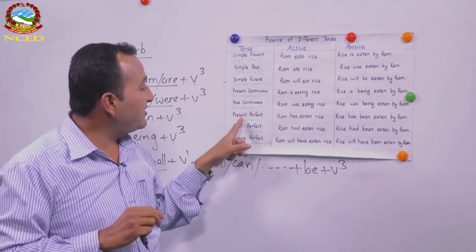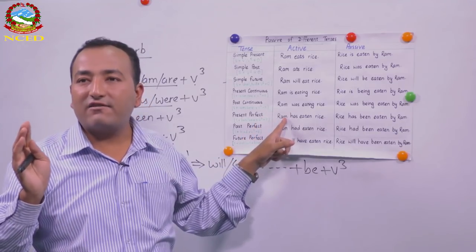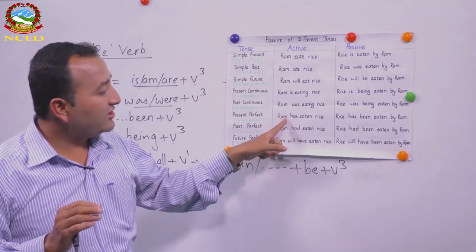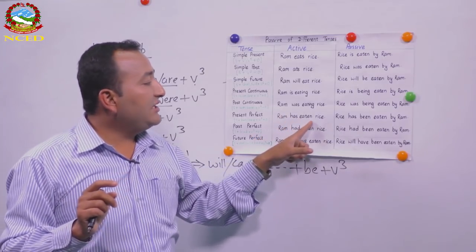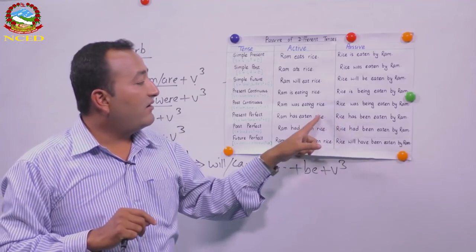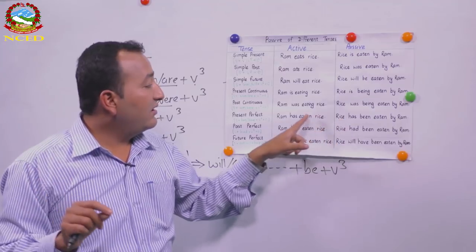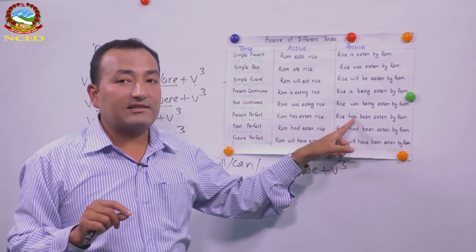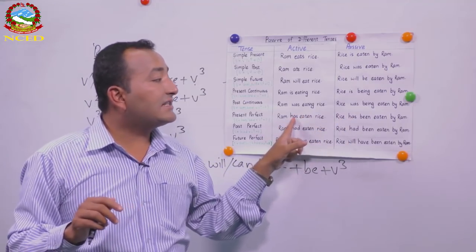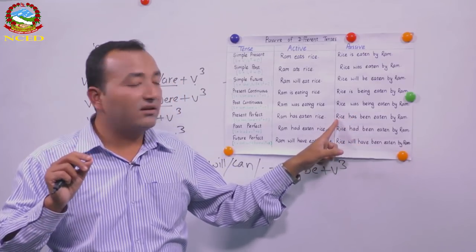Next, present perfect. The structure is subject plus has/have plus verb 3, meaning past participle, plus object. Ram has eaten rice. This means in passive voice, this object, rice, is used in the beginning. Rice, and if there is has, you can use has. Sometimes has can be have. It depends on whether it is singular or plural.